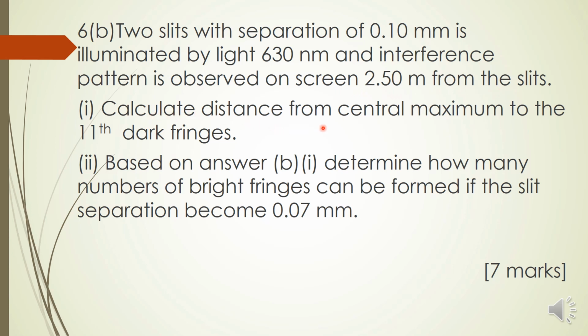Calculate the distance from the central maximum to the 11th dark fringe. And based on answer B1, determine how many bright fringes can be formed if the slit separation becomes 0.07 mm.